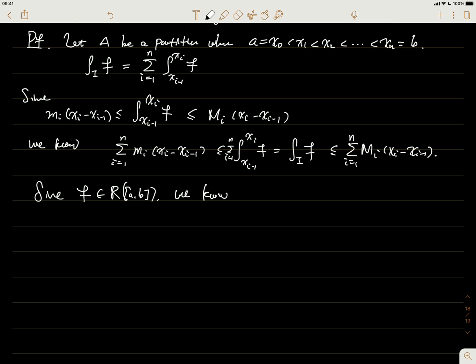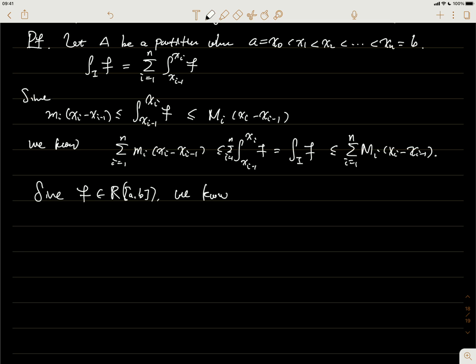So this one goes up to the lower integral, and this one goes down to the upper integral. And these two, the upper integral and lower integral, are equal.